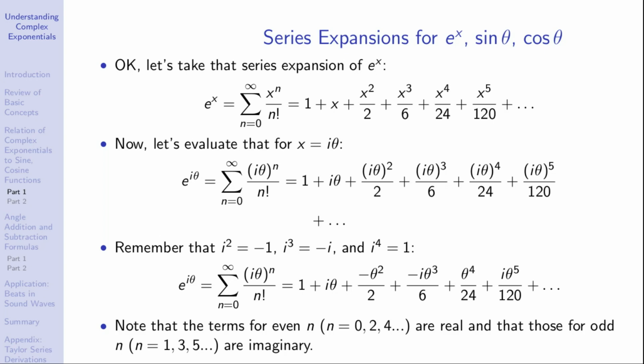So we get that e to the i theta is equal to the sum over n from 0 to infinity of i theta raised to the n power over n factorial. This equals 1 plus i theta plus i theta squared over 2 plus i theta cubed over 6, etc.